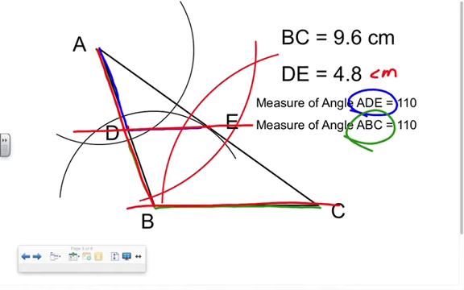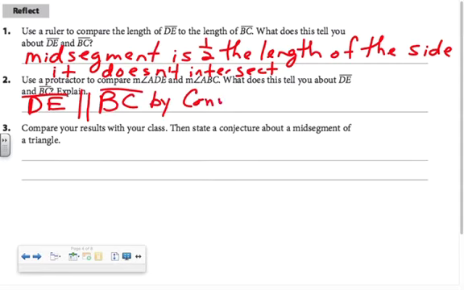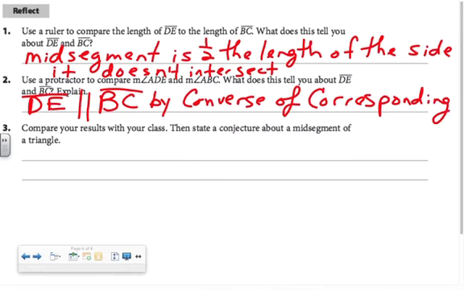They're both above their lines. So since I have corresponding angles that happen to be congruent, that means that DE is parallel to BC, by the converse of the corresponding angles theorem.